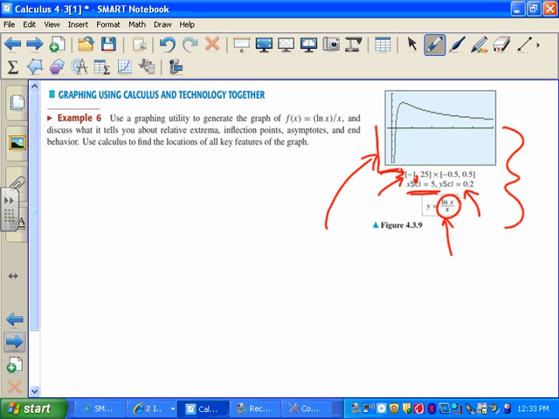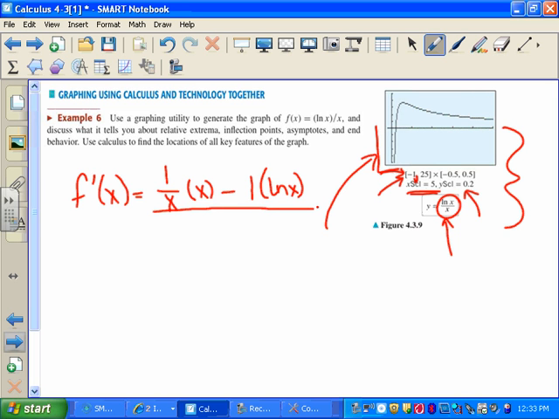And then what we want to do is take some derivatives and see what happens. So we're going to take the first derivative: the derivative of the top times the bottom, minus the derivative of the bottom times the top, all over the bottom squared. So we're going to get 1 minus the natural log of x all over x squared.